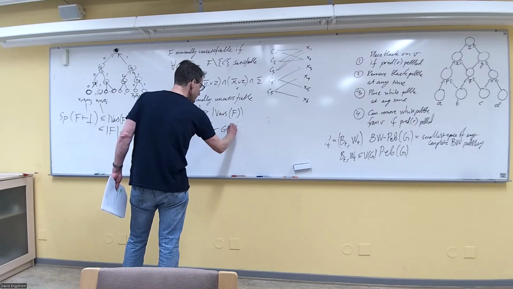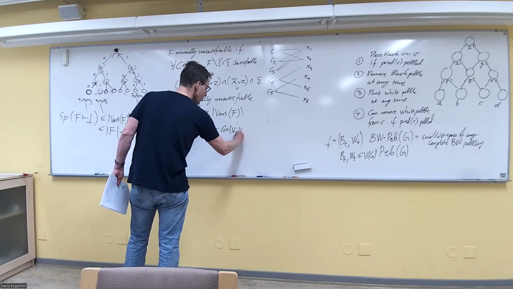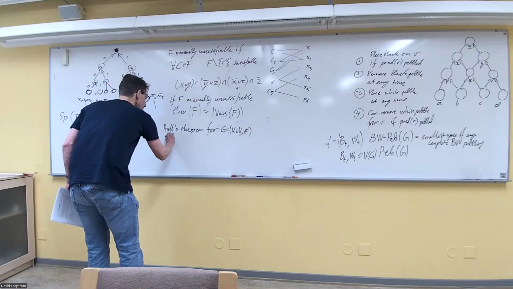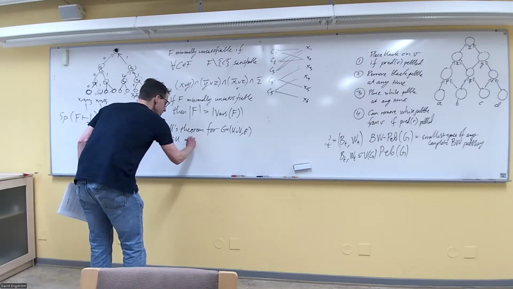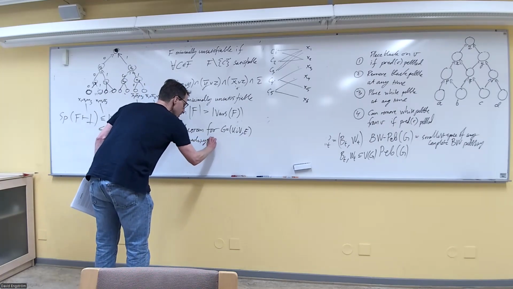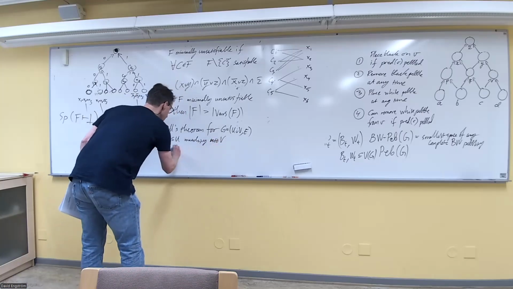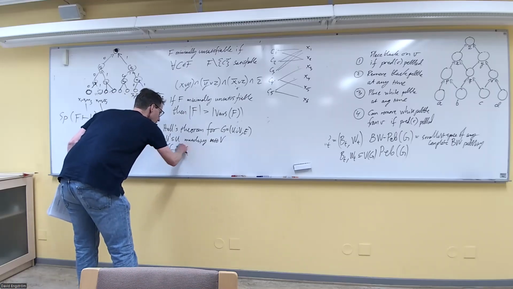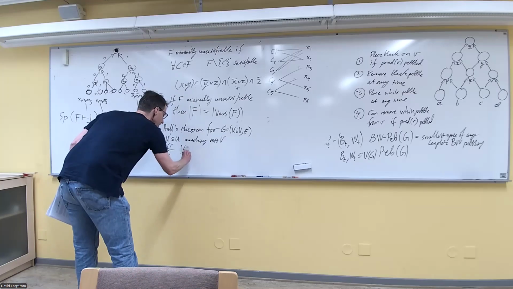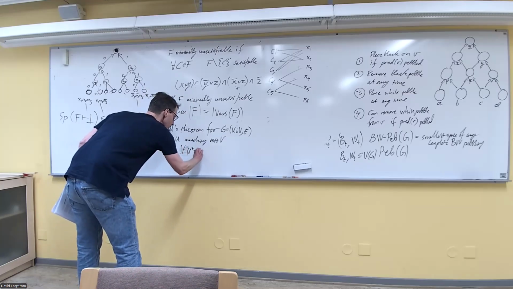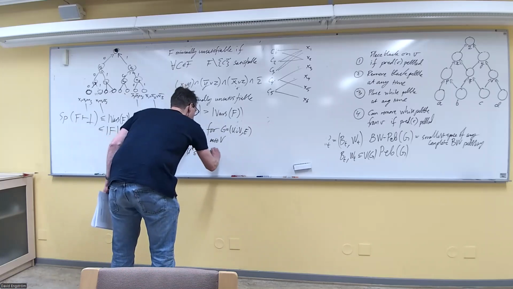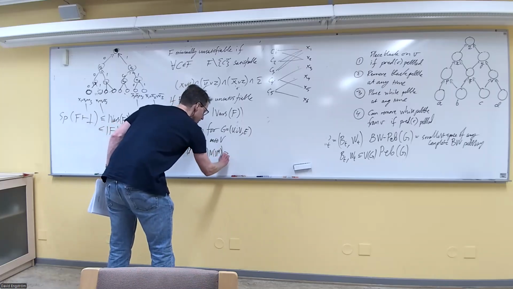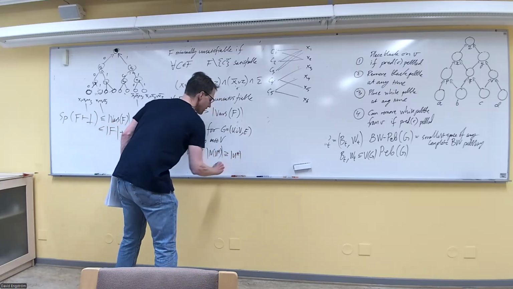For a bipartite graph G with left vertices U and right vertices V, it tells me that U prime in U has a matching into V if and only if for every U star that is a subset of U prime, it holds that the neighbors of U star on the right are at least as many as U star.